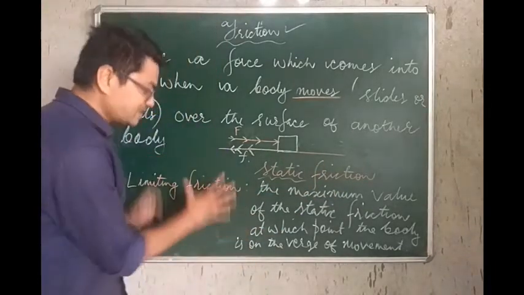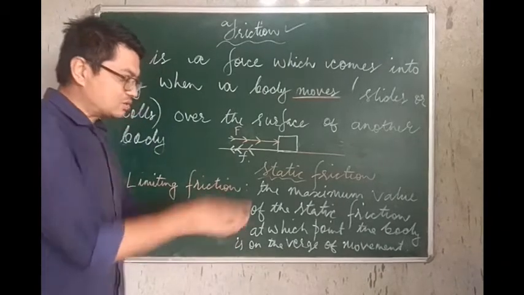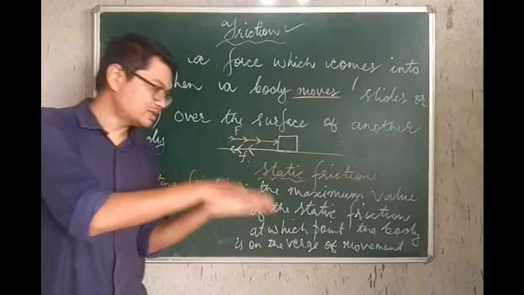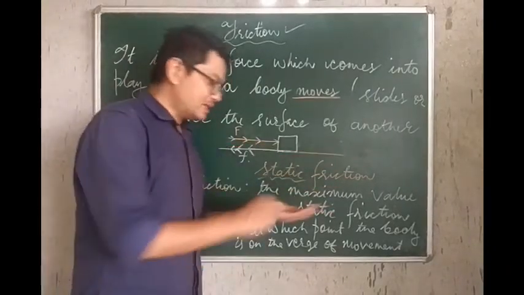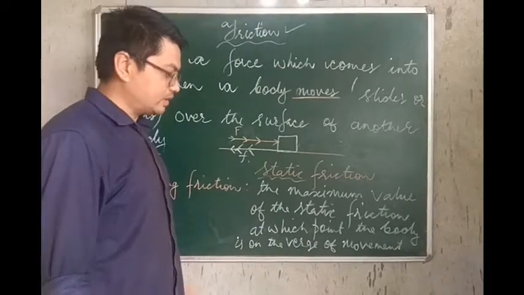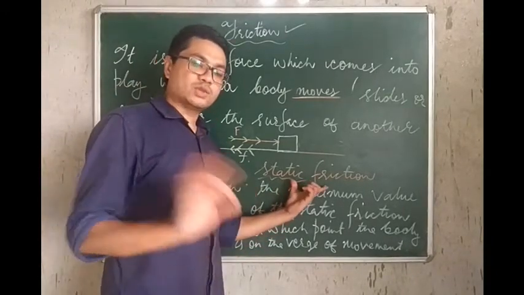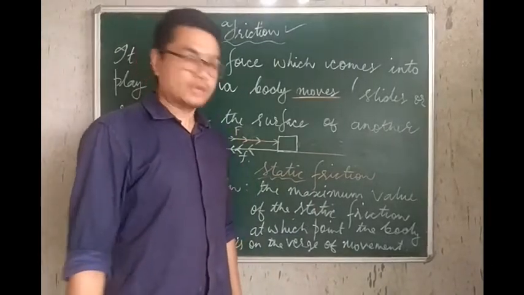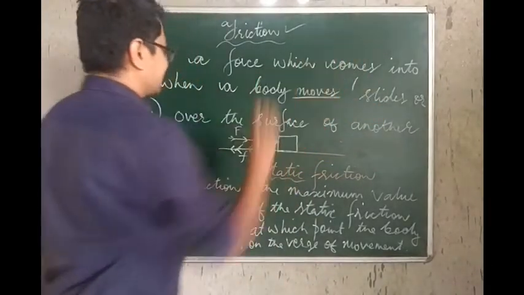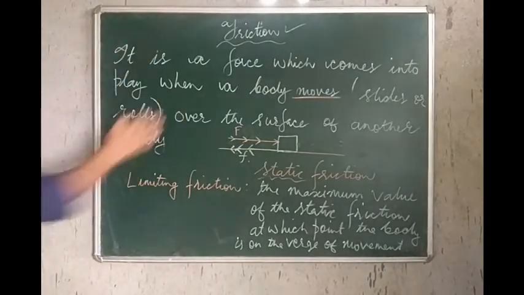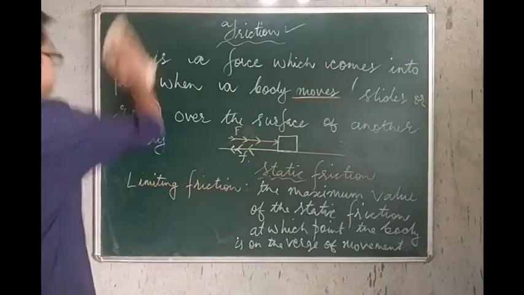Alright, so this is the friction which acts when the body is not yet moving but is about to move. Alright, so once the body starts sliding, okay, then we no longer talk about static friction, because static friction is not existing now. When the body starts sliding, the friction that comes into play then after is, let me erase the definition of friction also.